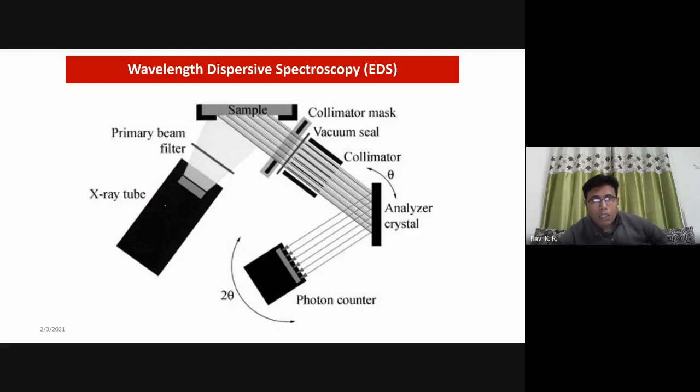Let's say that you have an electron. Forget about the X-ray tube. It goes and hits the sample. Now your X-rays are generated.